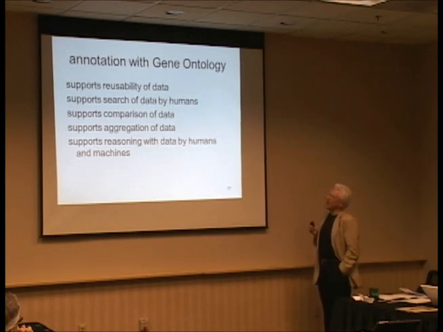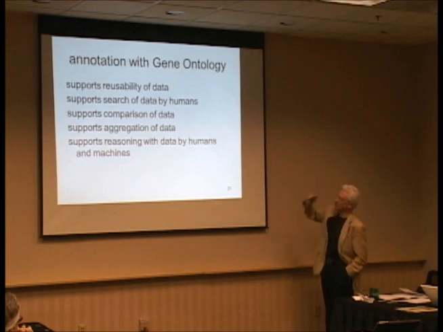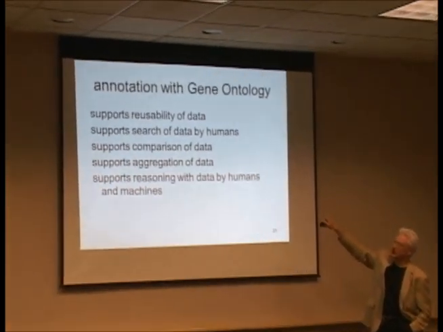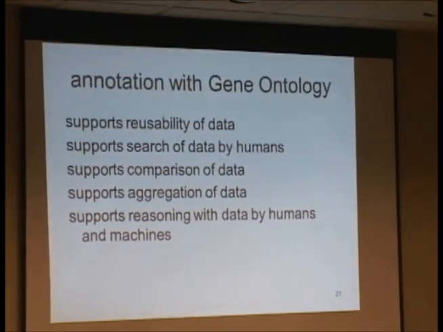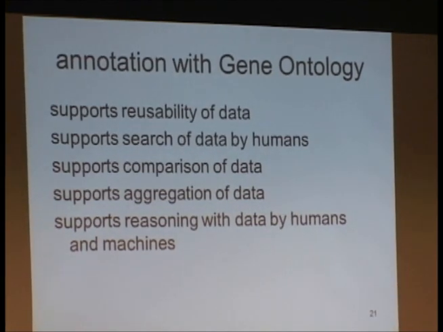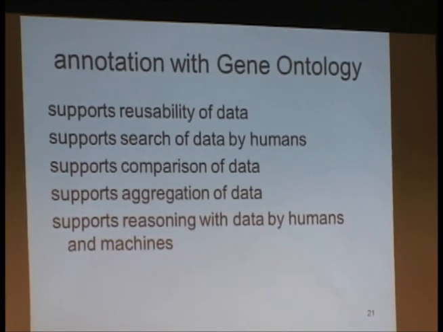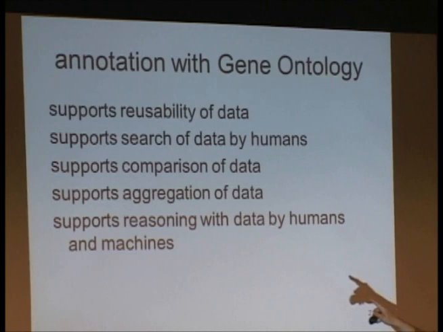So, the GO supports reusability of your data. It supports search by human beings. It supports comparison of data. It supports aggregation of data. And it supports reasoning, both by human beings and also, most importantly, by machines. And that's the point where we're beginning to make progress.